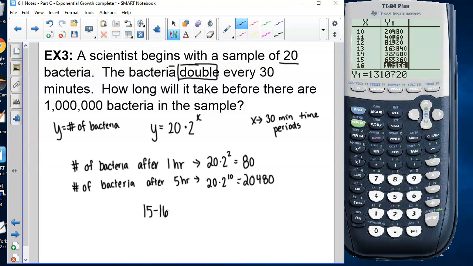But what is it? Hours, minutes, days? Hours. All right, what did X stand for? 30 minute period. So we have 15 to 16 30-minute time periods.